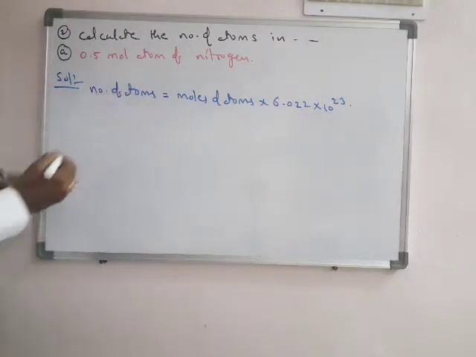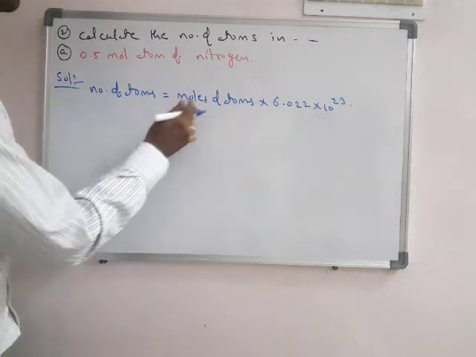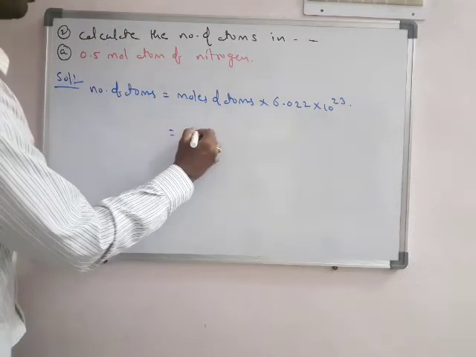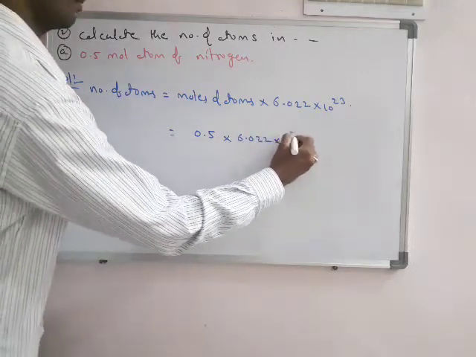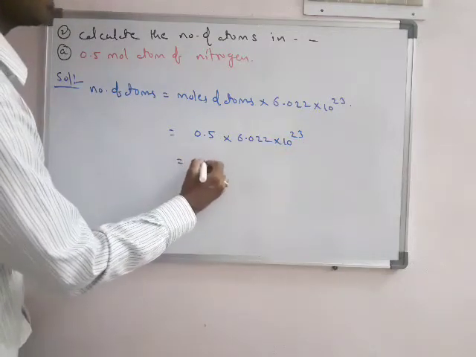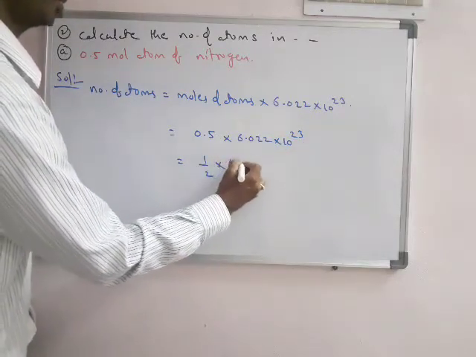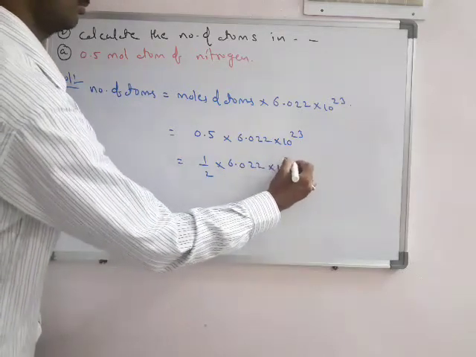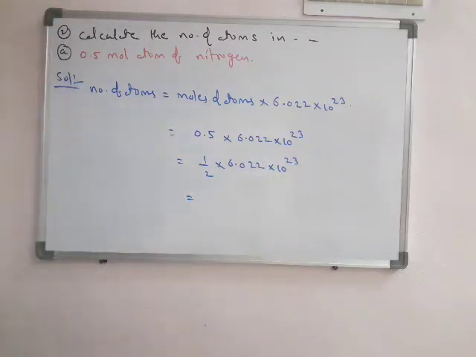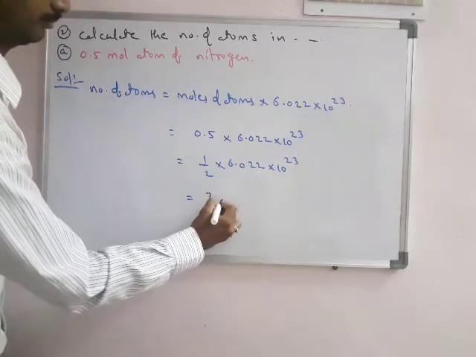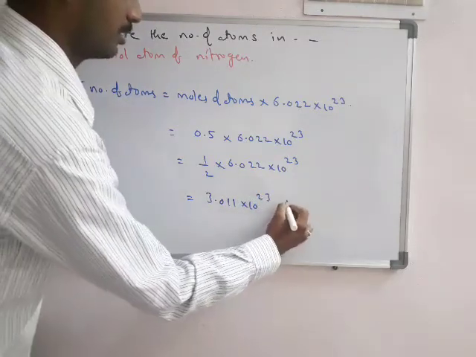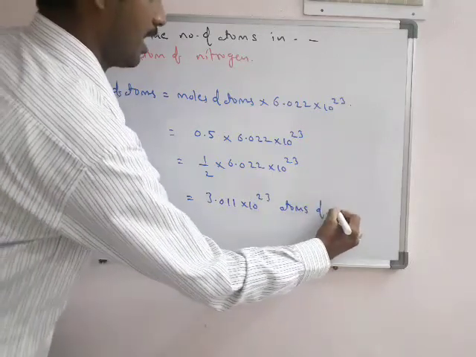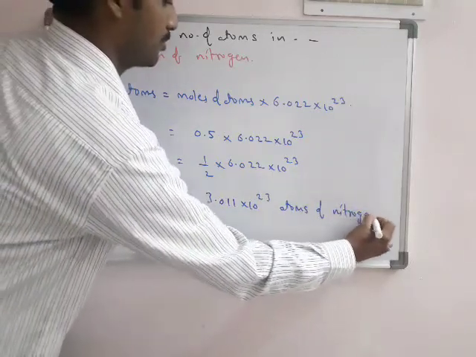When moles are given and we have to calculate the number of atoms, this is the formula. How many moles? 0.5 moles into 6.022 into 10 power 23. 0.5 means 1 by 2, so approximately we write 3.011 into 10 power 23 atoms of nitrogen.